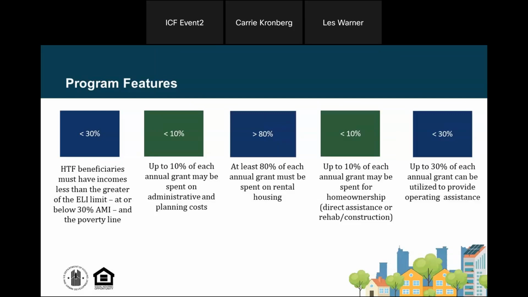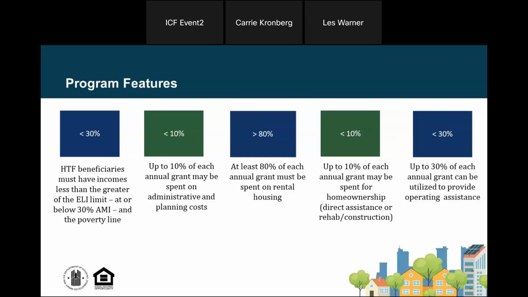If in future years we have a total allocation nationwide of the housing trust funds that is more than $1 billion, then we would have some additional flexibility that we would be able to also serve households up to 50%.